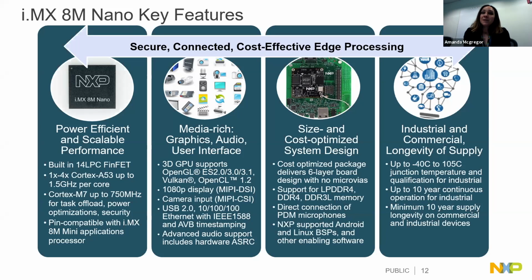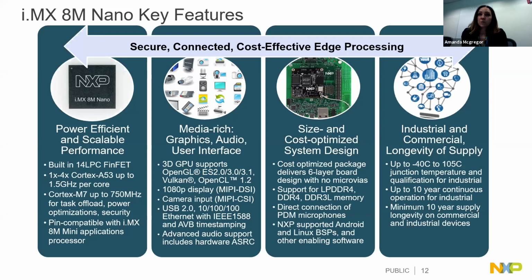We also have a MIPI display, which for this type of application is driving up to a 1080p display, which is really where many of the display panels are from a cost standpoint. So MIPI DSI is essential to have for the types of applications that the 8M Nano is selling into. We have a MIPI CSI camera input.